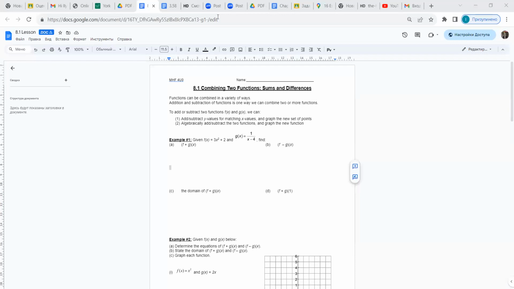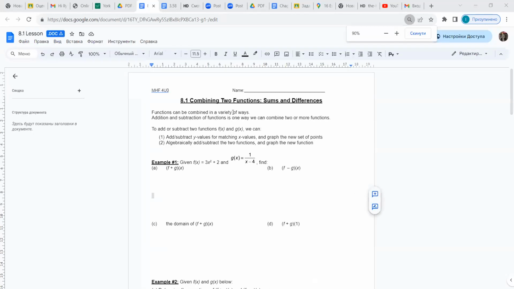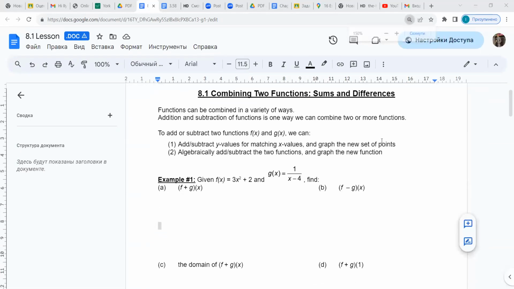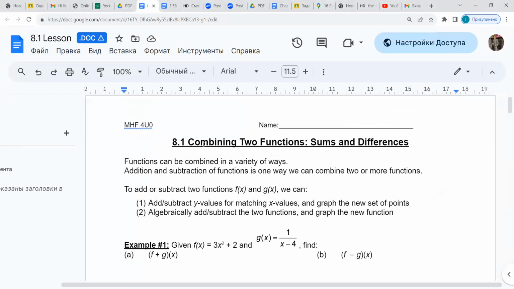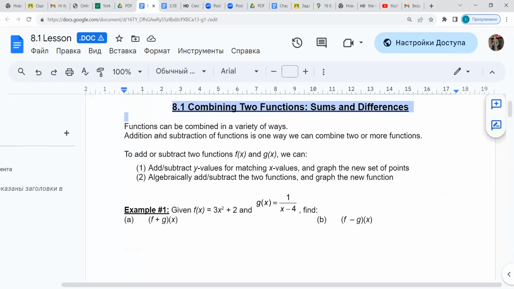I hope you got enough time to take a look at the screen and see what we're doing right here. Please make sure to write together with me because this is gonna be part of your submission in the Google Classroom. So in particular, we're going to talk about combining two functions, sums and differences. Functions can be combined in a variety of ways.